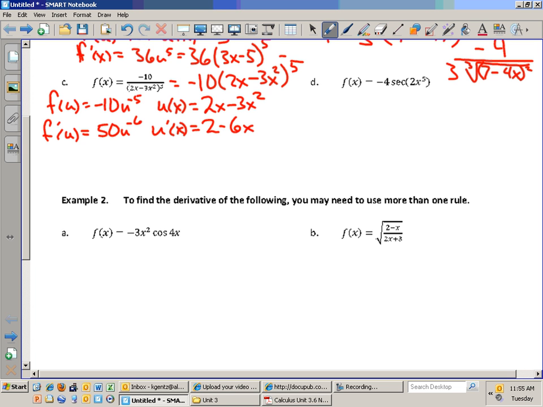So again, your derivative, you take these two, multiply each other, insert u back in. 2 minus 6x times 50 times 2x minus 3x squared, all to the negative 6th. These two pieces can go on top. This piece needs to go onto the bottom.